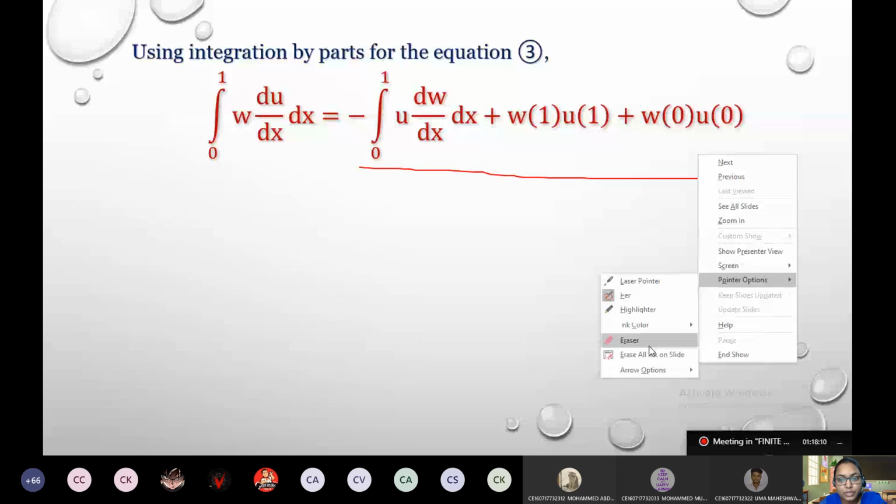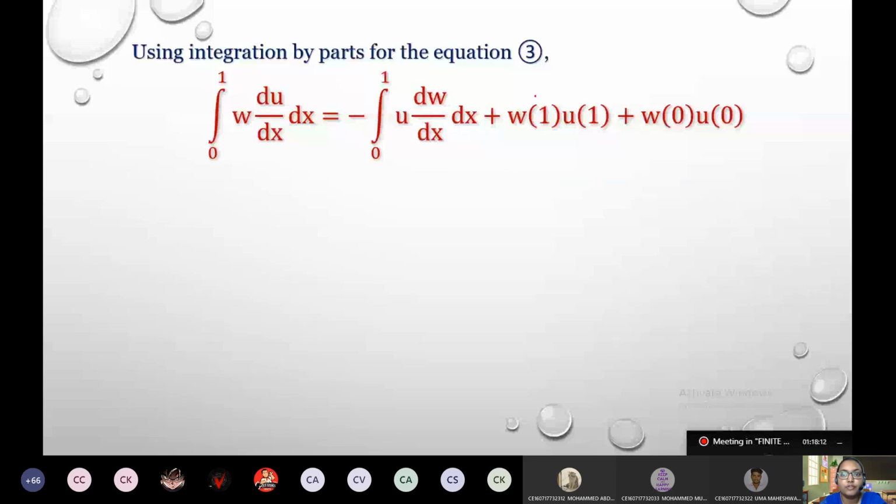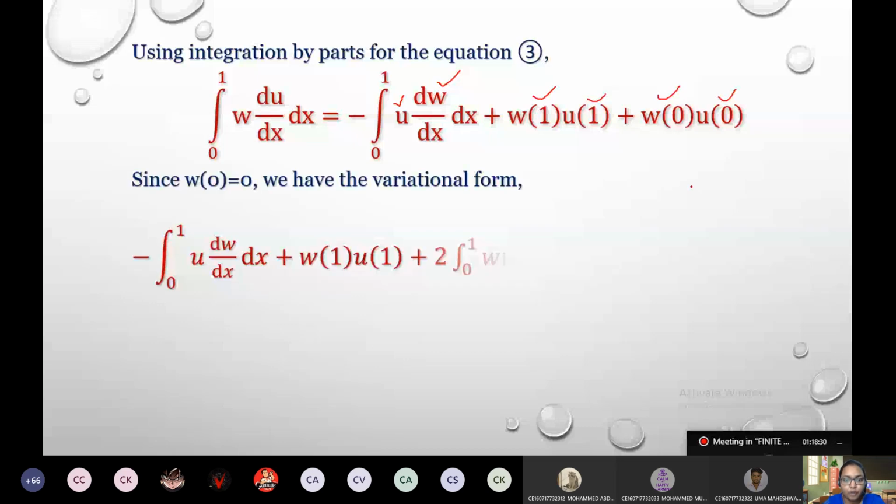Now from the question we have the values of w of 1, u of 1, w of 0, u of 0, and what the u equation and w equation are. All these things we already know from the previous slide.